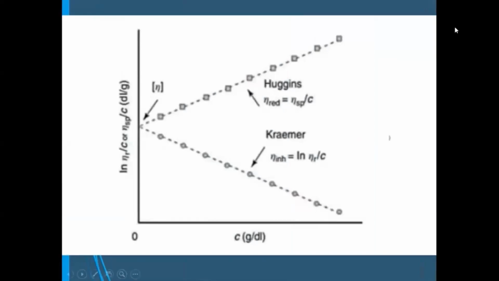Now, how can we calculate the intrinsic viscosity? By plotting ln relative viscosity over C, our concentration, which is the inherent viscosity, against concentration, I will get this line going from up to down.